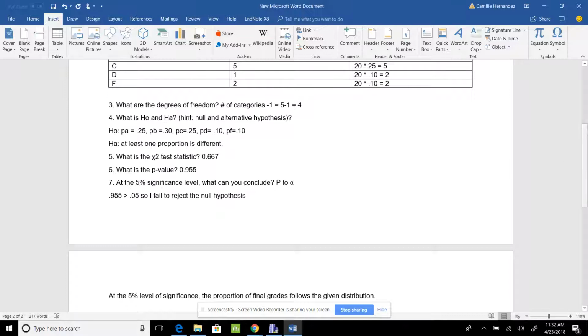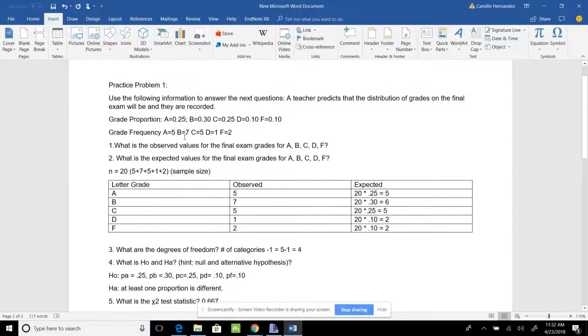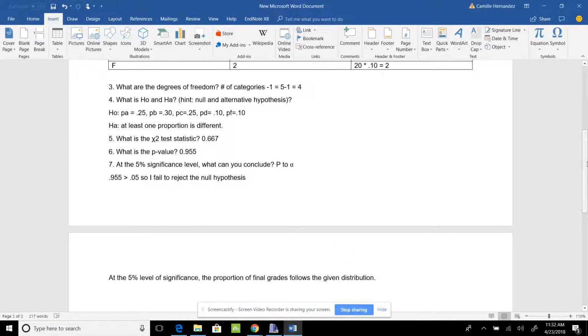Okay, what does that say? It just means that the distribution the teacher thought is how the distribution is. So we just concluded that we're basically keeping our null. We can't just say, oh, I'm keeping my null. I have to say what I concluded in the end to kind of close the loop.